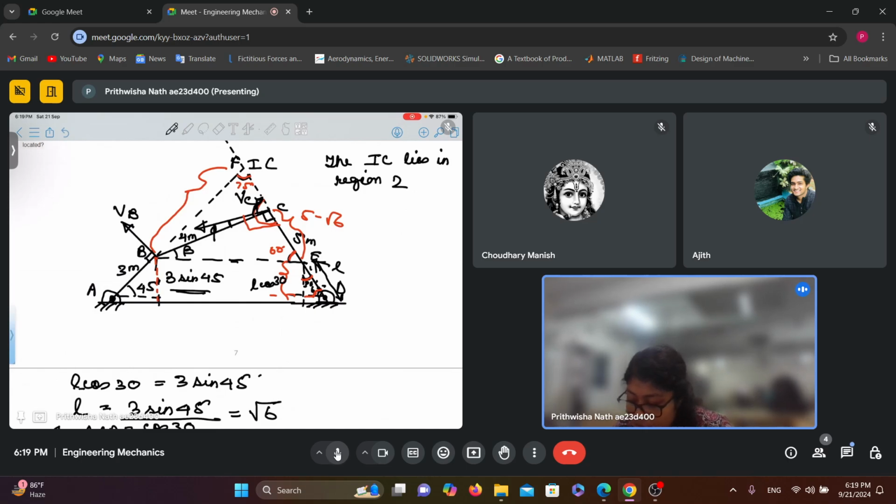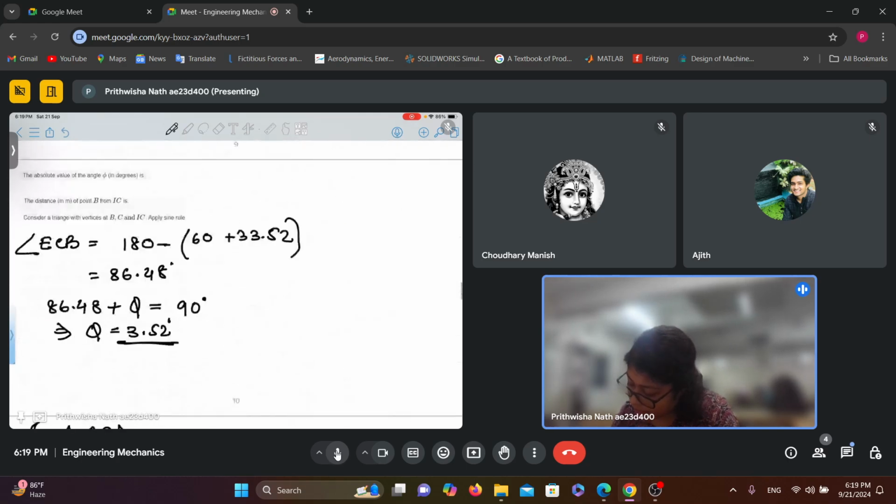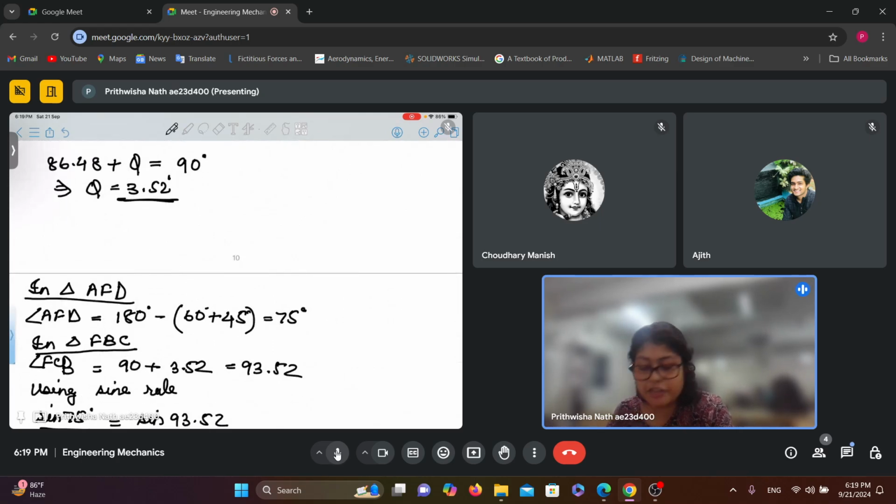Considering this triangle, I could easily find out this distance FB. Because FCB is nothing but 90 plus 3.52, that is 93.52.